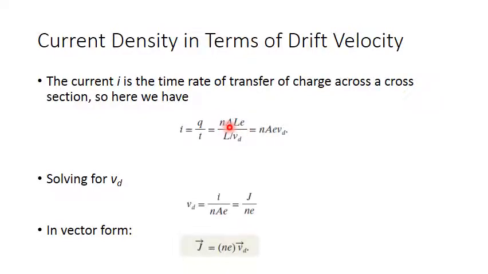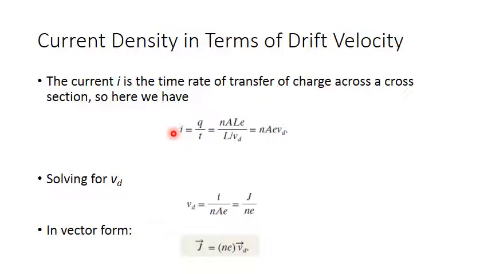So N multiplied by A multiplied by L multiplied by e over T. T is L, the length of the wire, over the drift velocity Vd. By simplifying this, we can cancel L with L, and Vd will be in the numerator. So it is N multiplied by the area multiplied by the charge per carrier e multiplied by the drift velocity. This is the current I.